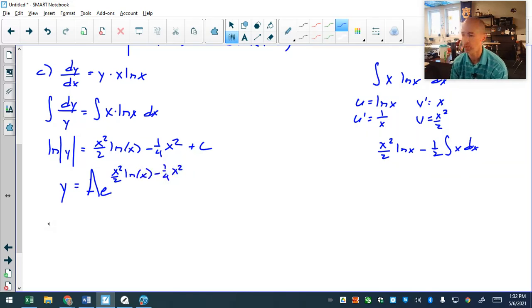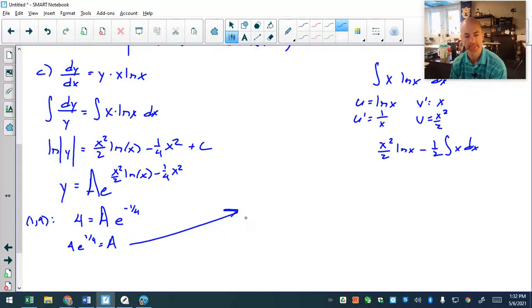And I'm going to plug in the point (1, 4) now. So that'll give me 4 is equal to a times e to the, that's all going to be 0, minus 1/4 when you plug in 1. And so we get 4e to the 1/4 is equal to a.